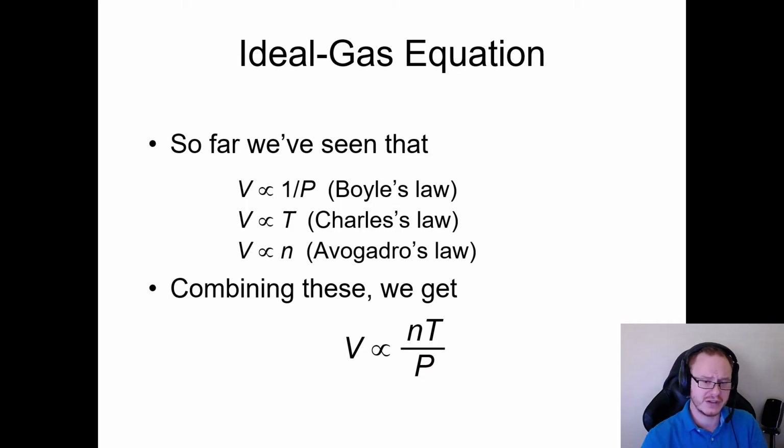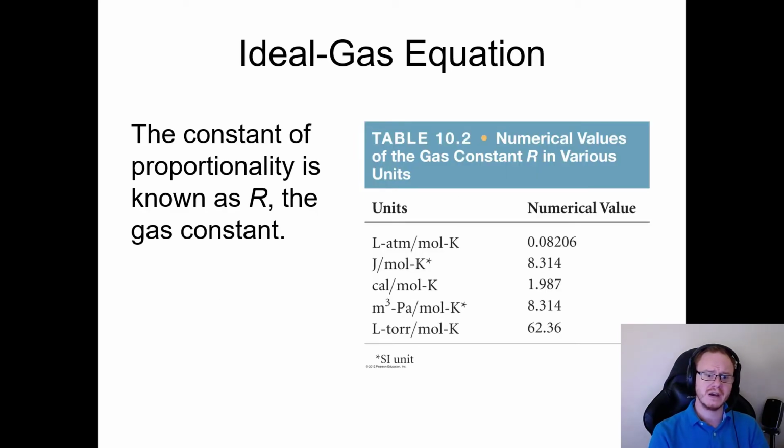This still doesn't get us to what we know as the ideal gas equation. We've had this K pop up every so often. That's merely a constant. In our gas study, that K value is simply going to become the gas constant, R. Due to the sheer number of units that we use for gases, we have a large number of R values, and this is a list here.